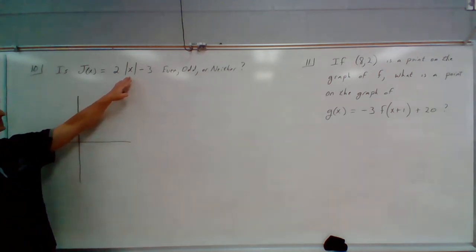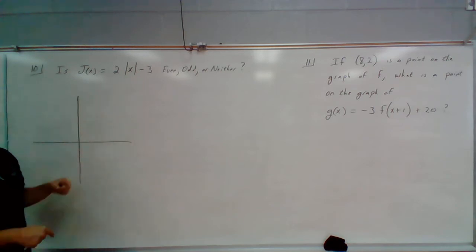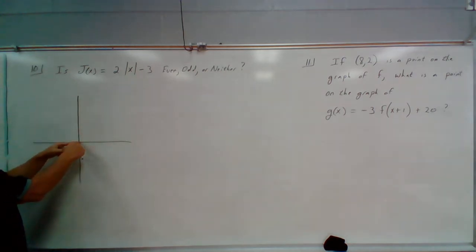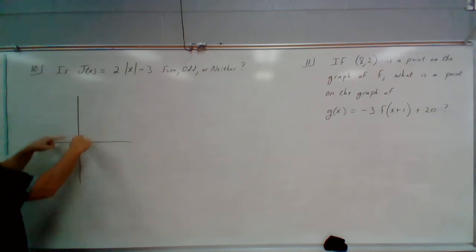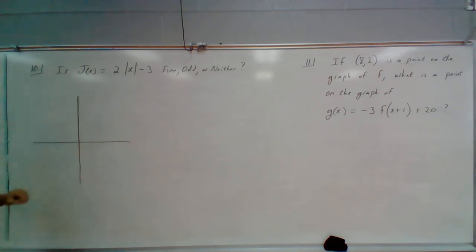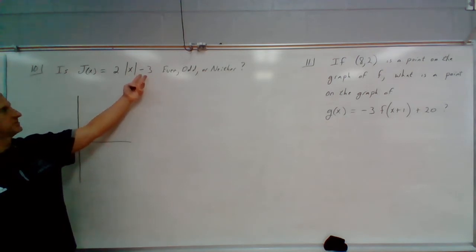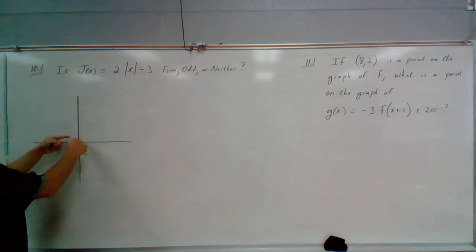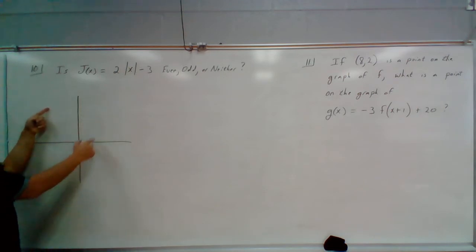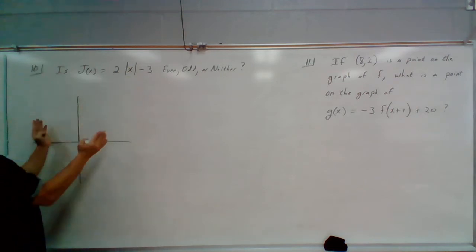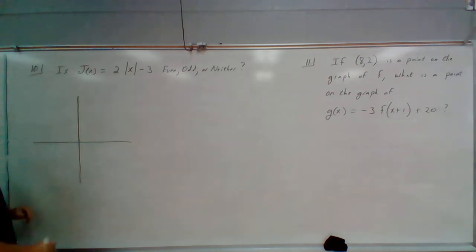You guys know what the absolute value function looks like. If the function was just y equals absolute value of x, the vertex would be at the origin, and it would look like a V shape. So this minus 3 outside of the absolute value will just shift down 3. This multiplication by 2 will just make it skinnier.